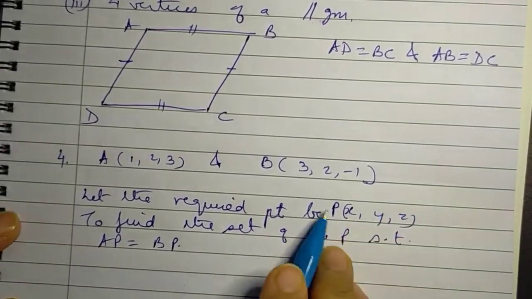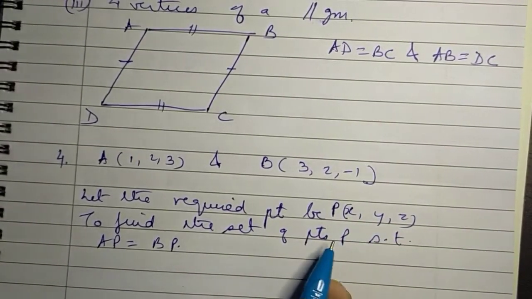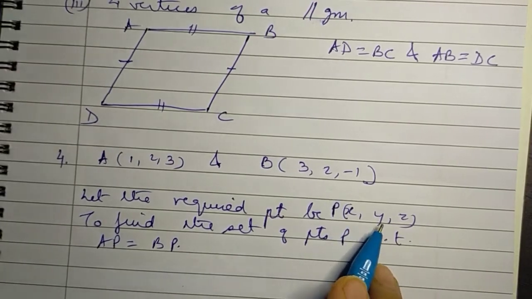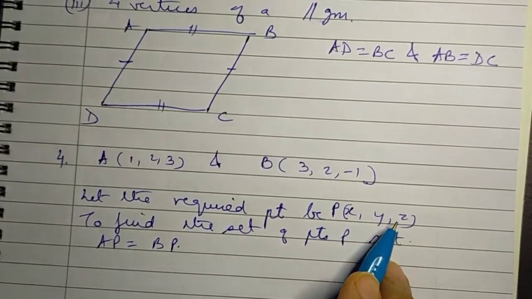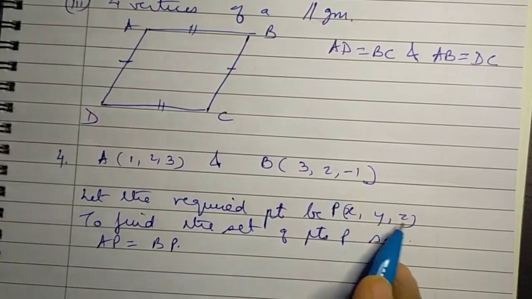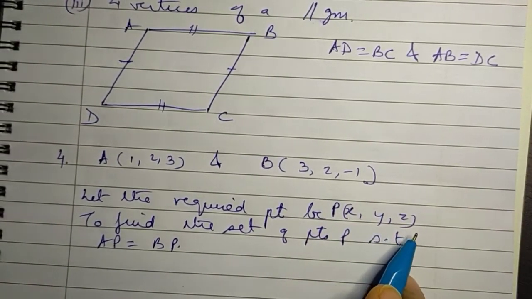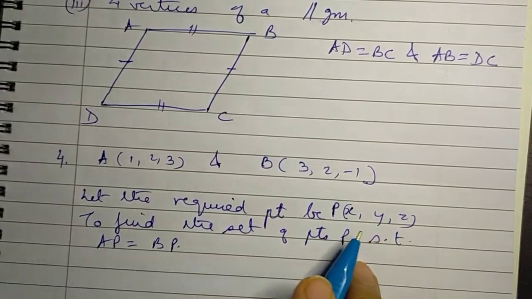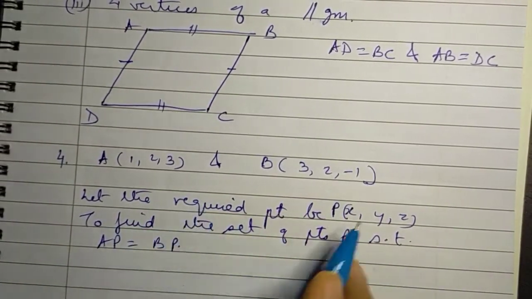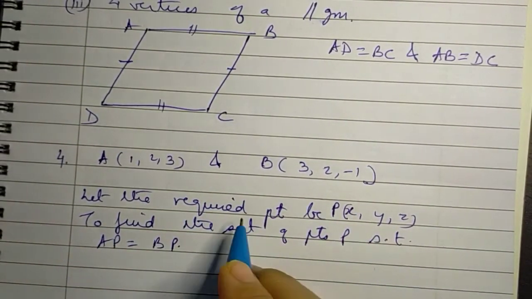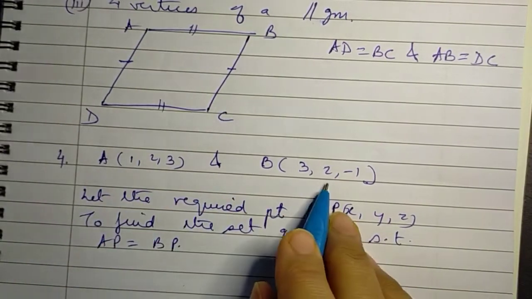So we have taken an arbitrary point P, X, Y, Z, and we have to find the path followed by this point, or the locus of this point, or the set of all the points which satisfy this condition. All three are different ways of asking the same thing.